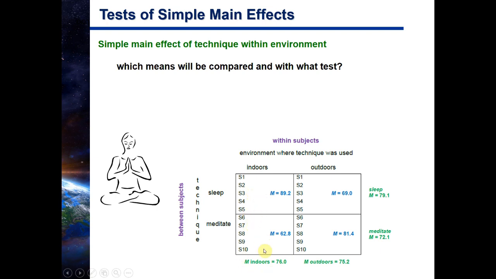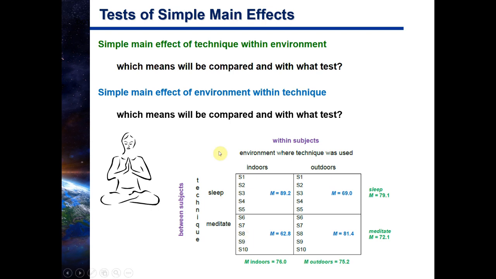Different people in each group, that would be a one-way independent ANOVA, because you have three means now. And if that is significant, then you need a post hoc test: Tukey, Scheffe, LSD. You've got to figure out which means are different from which, because now you have three.